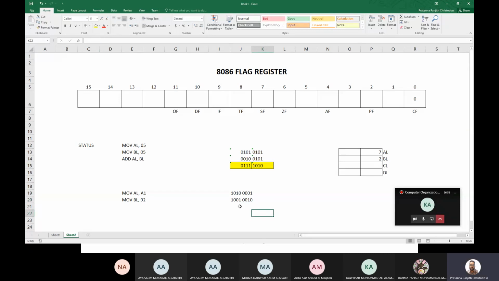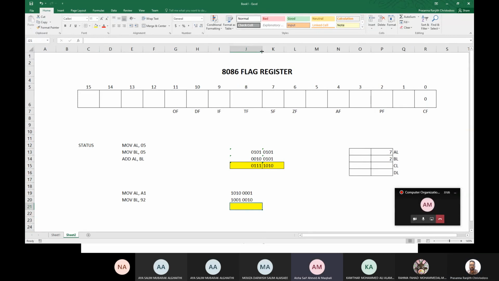Now if you add, what happens? 1 0 0 1. You add it from the back side, okay? So 1 plus 0 is 1. Then 1 plus 0 plus 1 gives 0 0.